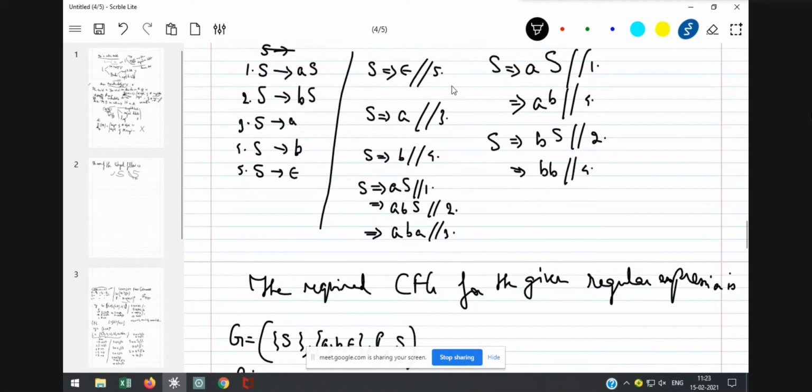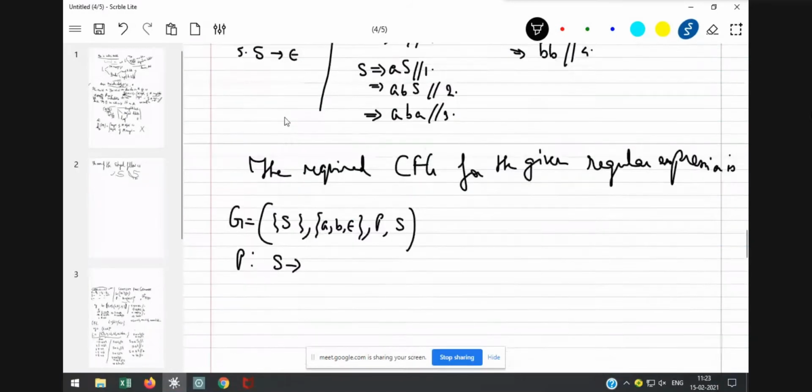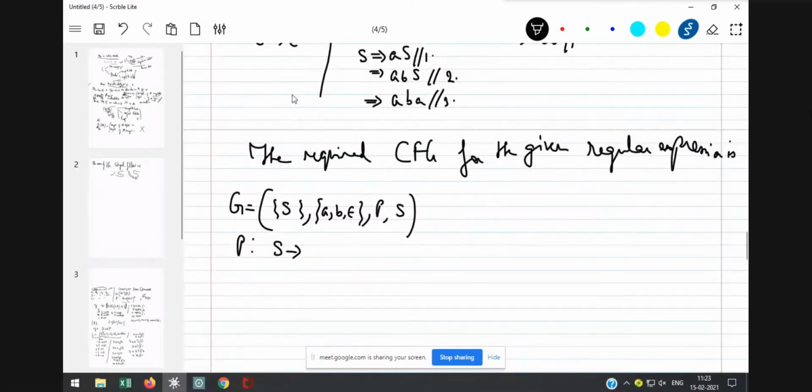Why I have numbered like this: when I apply certain production rules, I just want to refer to them by that number. I'm not going to list the productions in this manner, I'll be using a shorter format: S to aS, bS, a, b, epsilon.